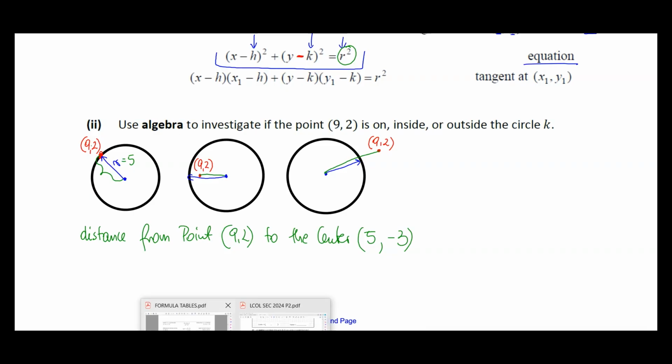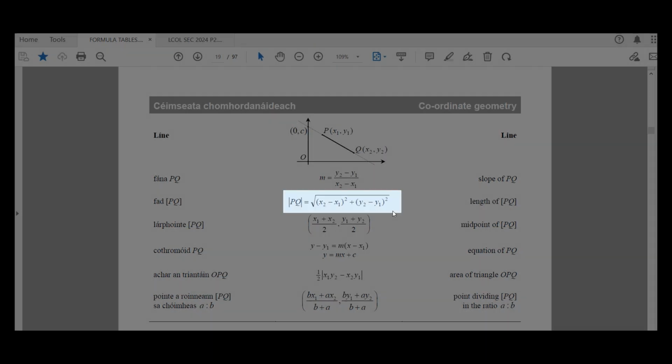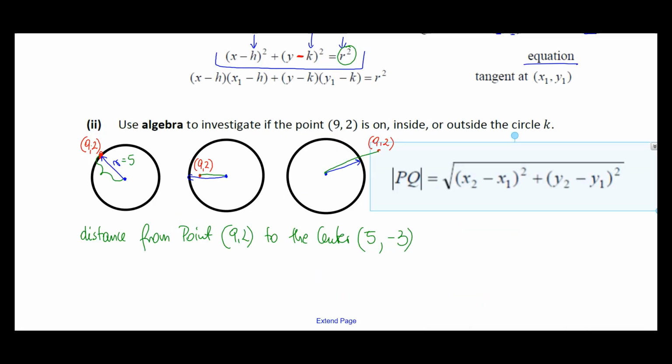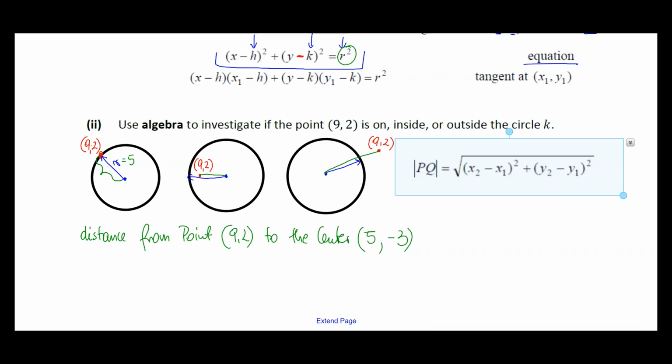We go to our maths table, and on page 18 we have the second formula, the formula for the length. We write down that formula in our exam, and then we have to replace the letters with numbers. When I'm doing coordinate geometry, I like to make a list so that I don't mix up my values, because it's very easy.